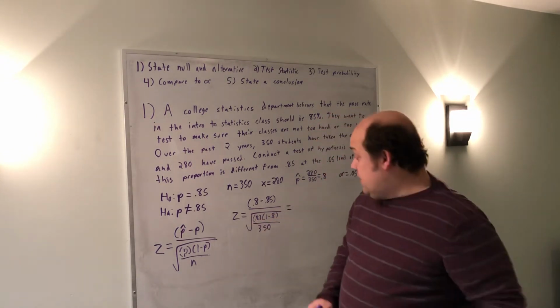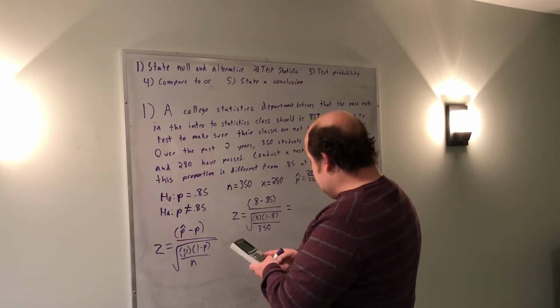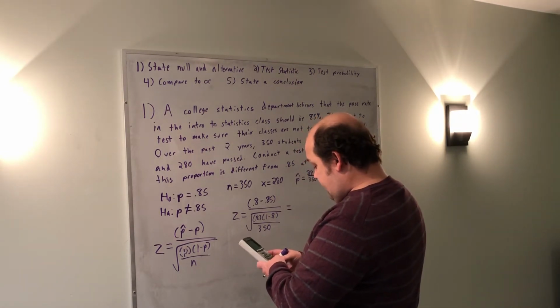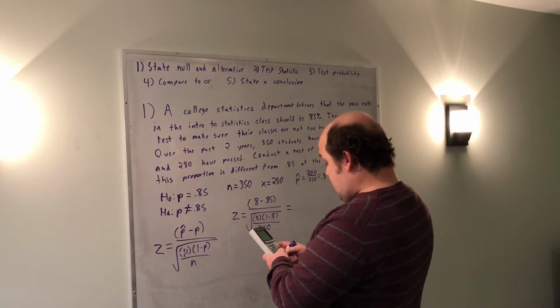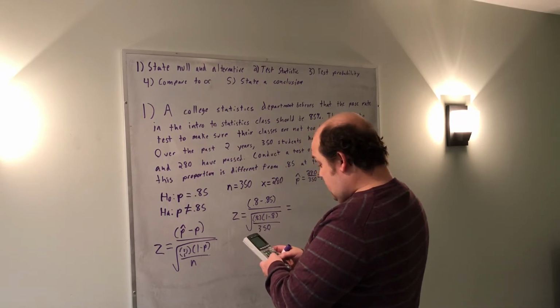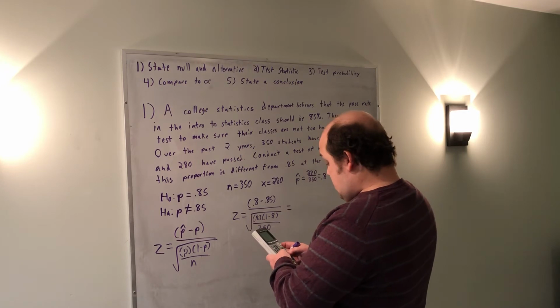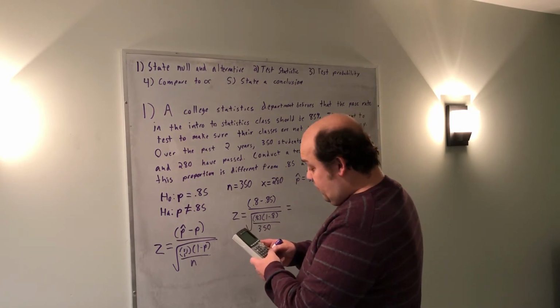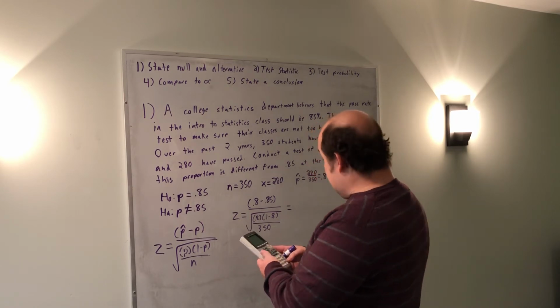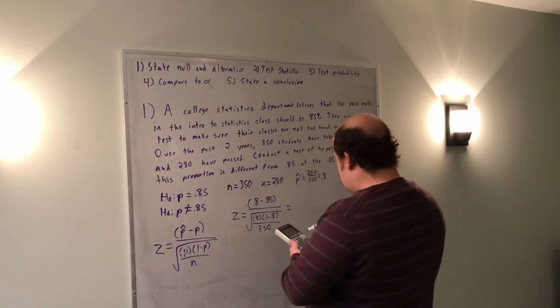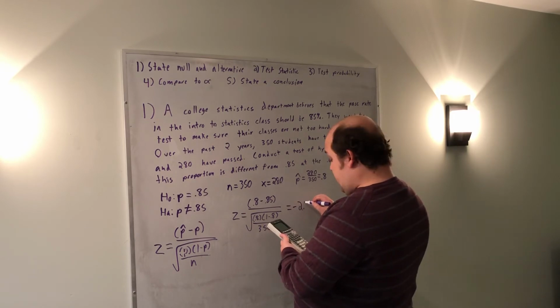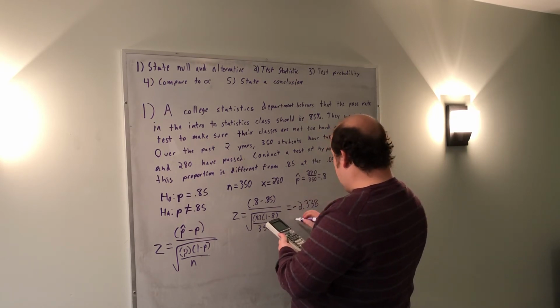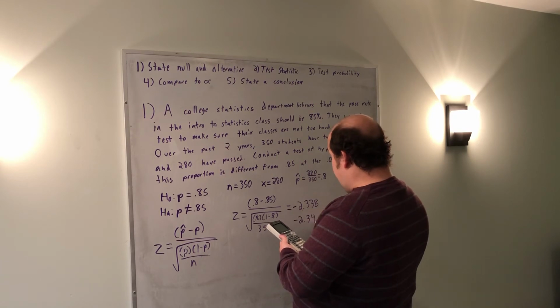I'm going to get out my calculator, put in parentheses 0.8 minus 0.85 and parentheses divided by new parentheses root, new parentheses 0.8 end parentheses times 1 minus 0.8 end parentheses divided by 350, making sure everything's still all under the root, and then I can close that final parentheses. When I put this all in, I get negative 2.338, which I'm going to round to negative 2.34.